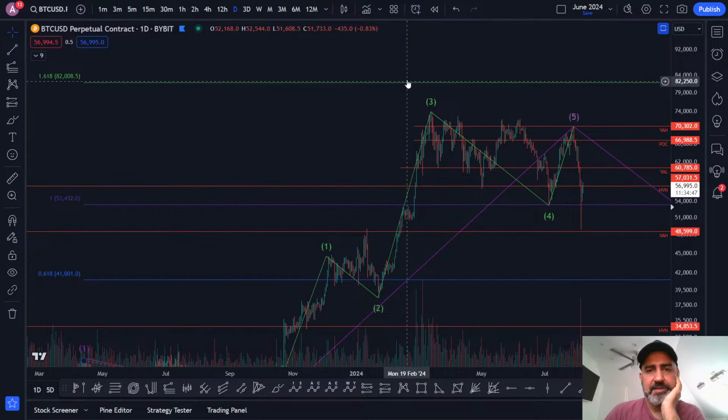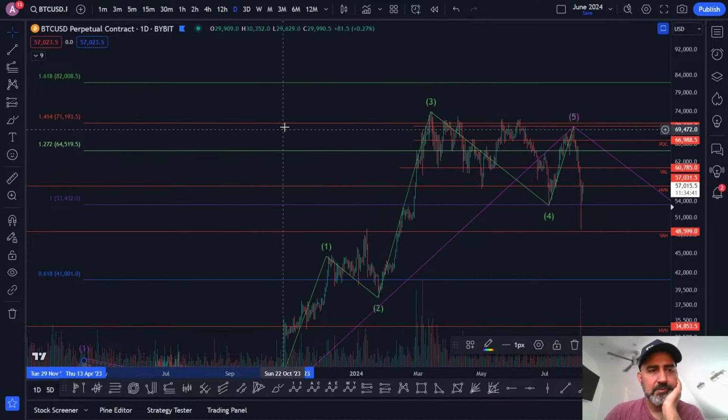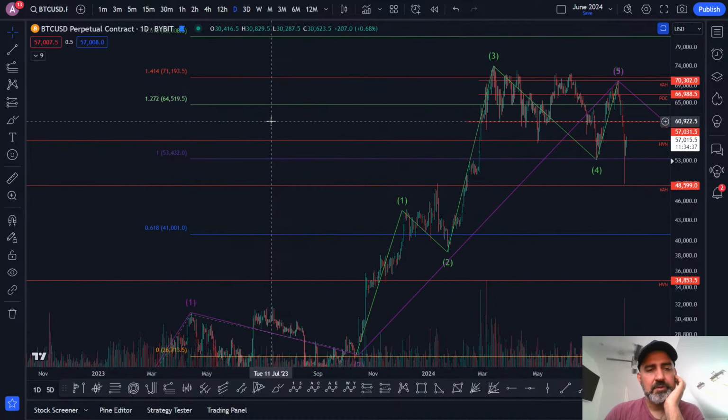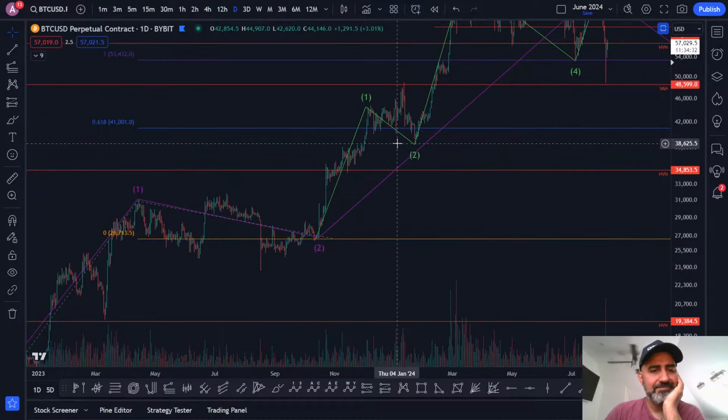I don't get any decent fibs here. I don't know why. That's because I haven't got these in. 1 to 1. I should really do it accurately.